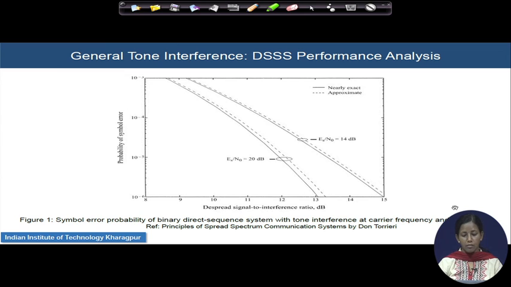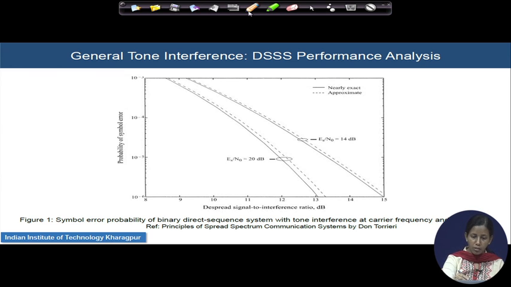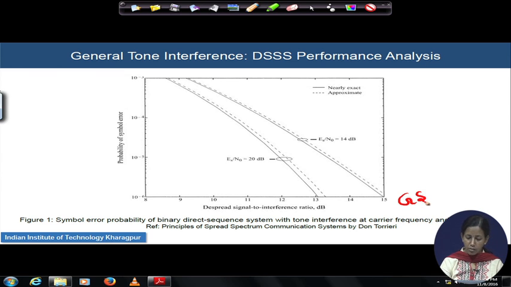Now, it is time to compare the performance of the nearly exact and the approximated values, and their effect on the symbol error probability, with respect to disparate signal to interference noise ratio. The signal to interference ratio is given by G S by I, because your despread signal has the processing gain G, and I was the interference power added at the receiver front end.